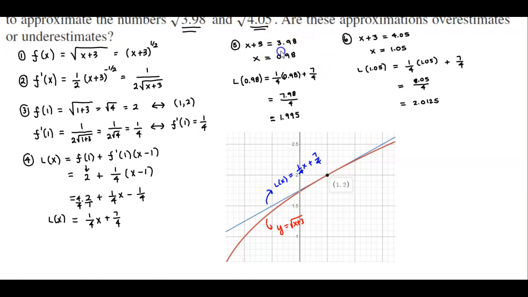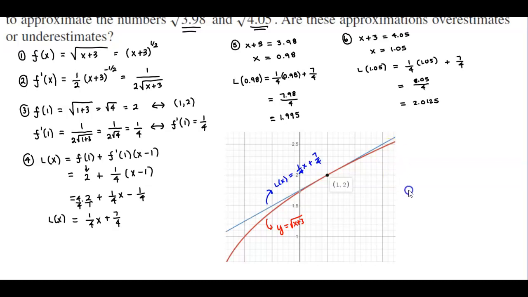Okay, so this is illustrating our linear approximation. So we see that indeed the tangent line is a good approximation to the given function when x is near 1. We also see that our approximations are overestimates because the tangent line lies above the curve. So we can see that the tangent line is above the curve.